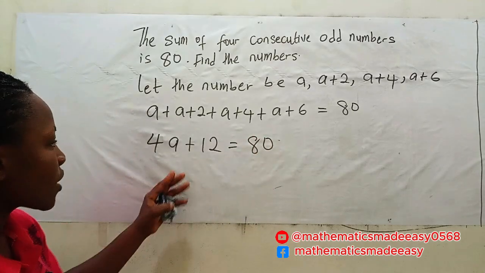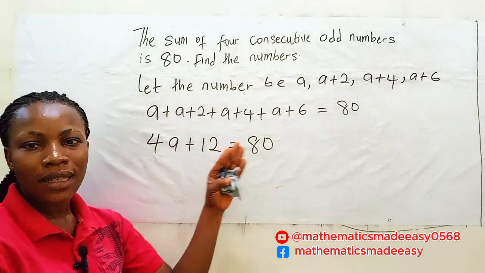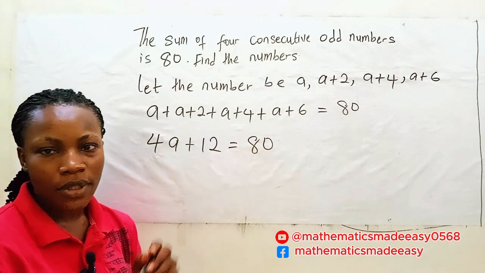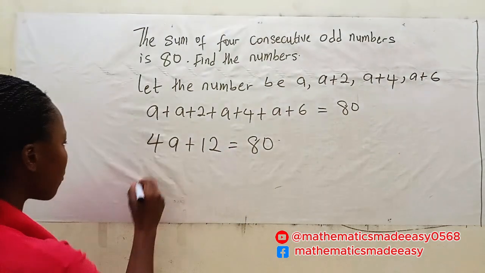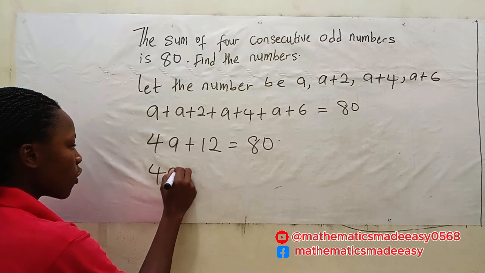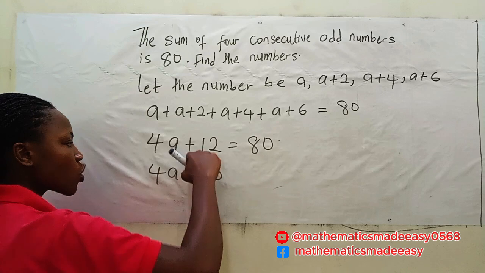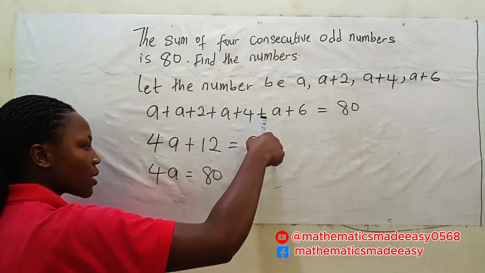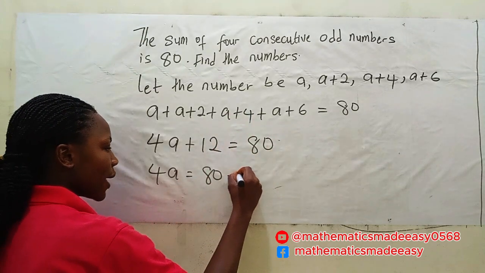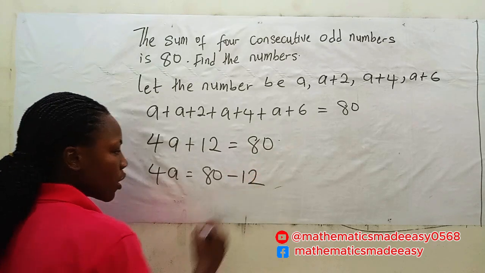All right, so let's collect like terms. We're going to have 4A equals 80. This 12 will pass over to this side. It will be minus 12.